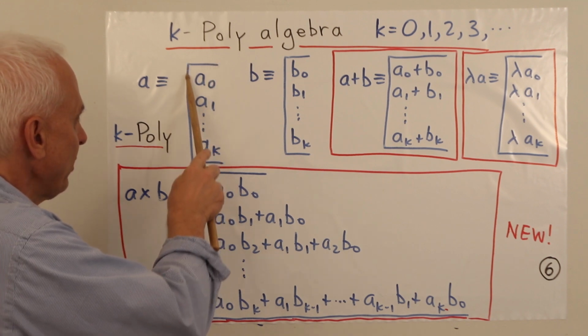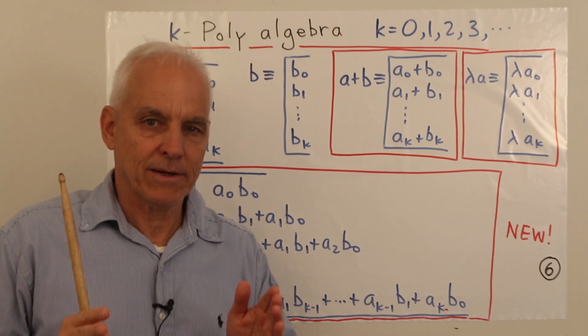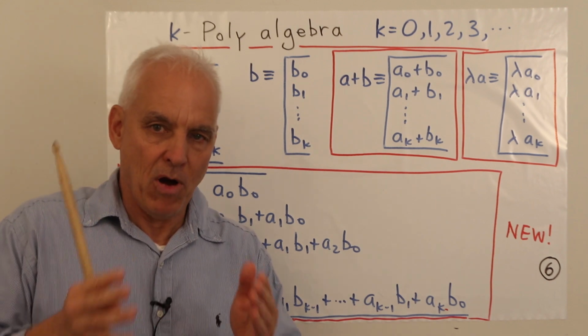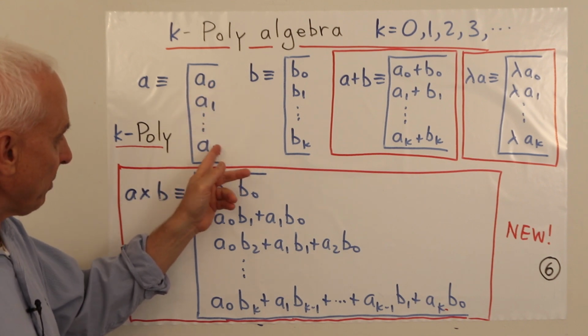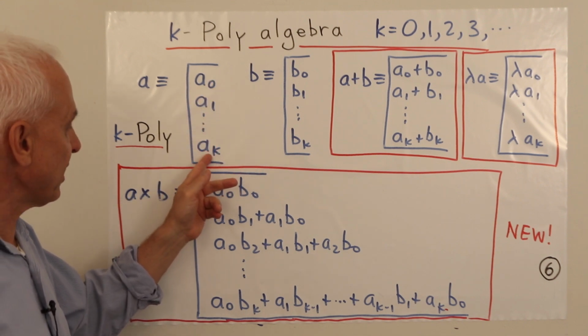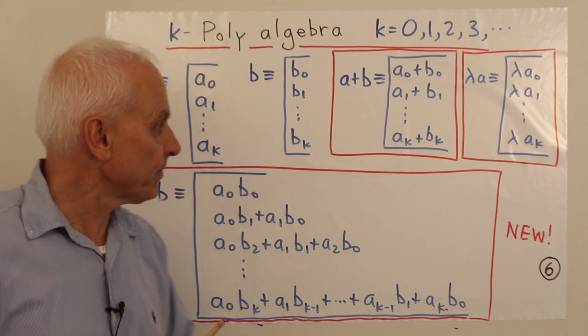A line on top, a vertical line beside, a line on the bottom. So that's what a K-poly is. In this case it's a K-poly because we're going down to k here. So altogether, there are k plus 1 elements in this K-poly.